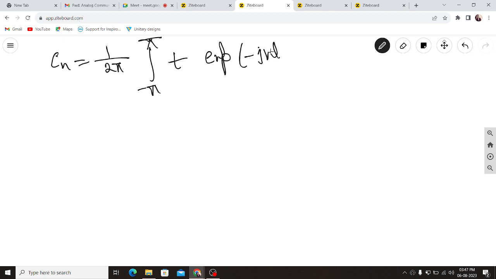This is a pretty straightforward question. We have to find the Cn values. Cn is 1 by 2π, integral from minus π to π of t times exponential of minus j n t dt.